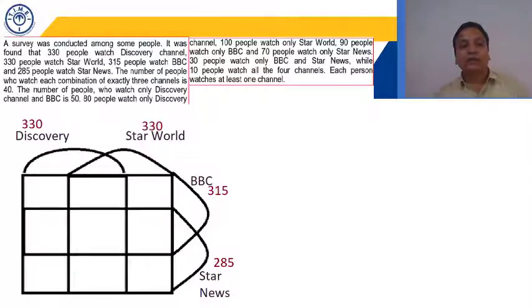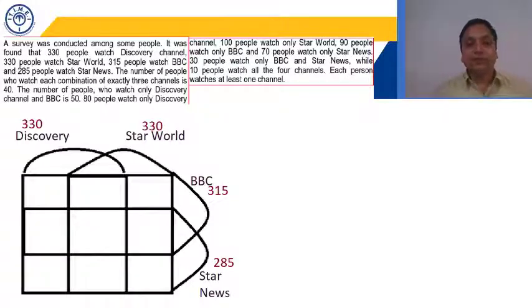Reading once again, 330 watch Discovery Channel, 330 watch Star World, 315 watch BBC, and 285 watch Star News. The number of people who watch each combination of exactly 3 channels is 40. Now exactly 3 channels is represented by 4 regions.